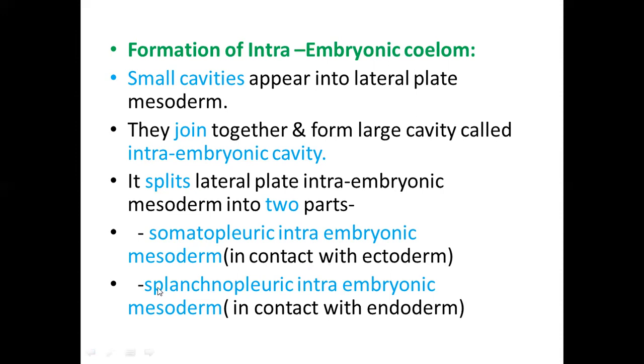While another part of this intraembryonic mesoderm is called splanchnopleuric, and it is in contact with endoderm. So from the lower side, in touch with endoderm, that part is called splanchnopleuric. Just above that cavity, which is in touch with ectoderm, is called somatopleuric intraembryonic mesoderm.